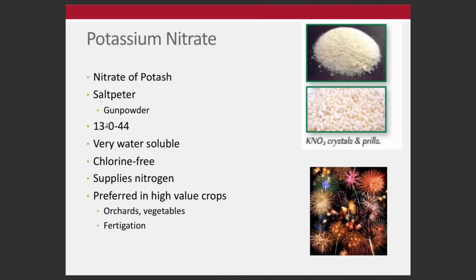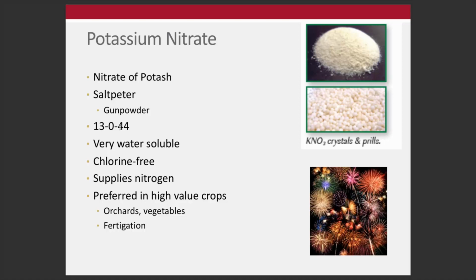Potassium nitrate, or sometimes called nitrate of potash or saltpeter. There's nitrate in here, so it's nitrate as the negative ion and potassium, 13-0-44. This is very water soluble. It's chloride free and supplies nitrogen.